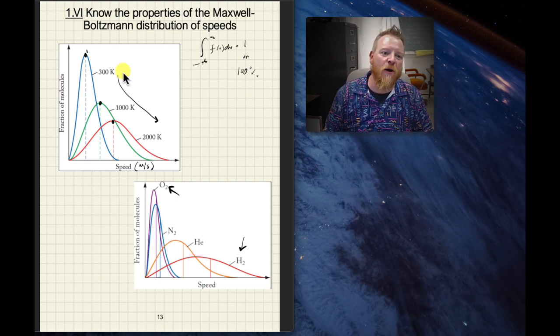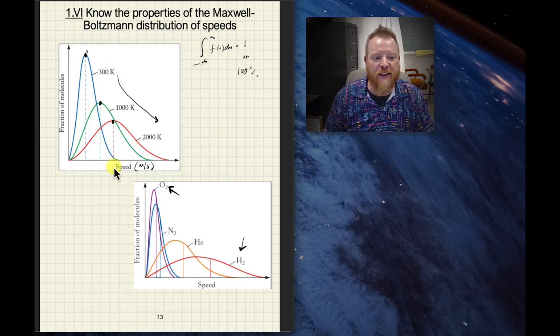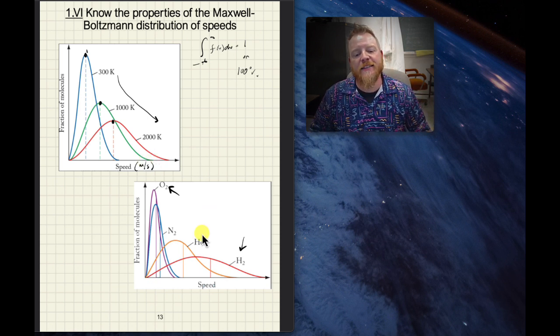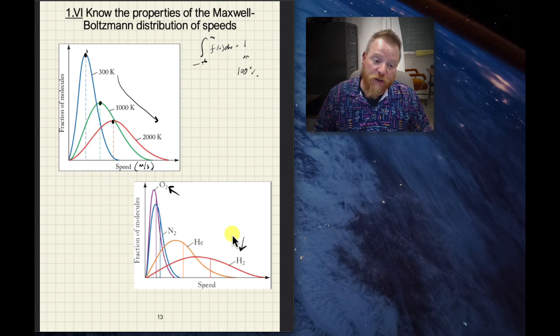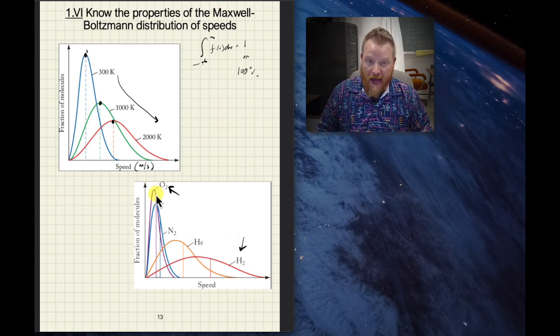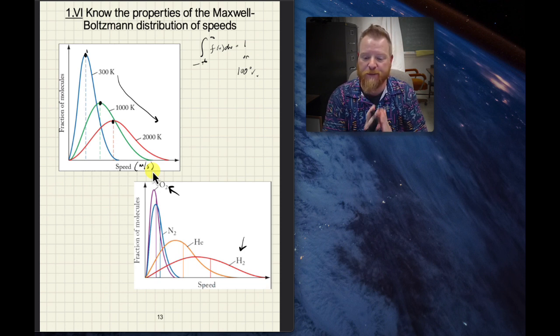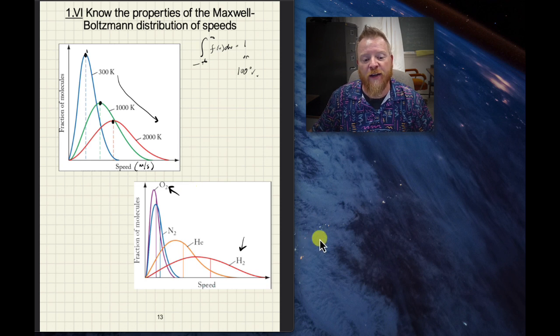So again, as gas phase molecules get hotter, their speeds get larger and more spread out. As these gas molecules get more massive, their speeds become less spread out, or the distribution becomes tighter. Okay, and we'll explore this in a lot more detail in our Friday computer lab session.